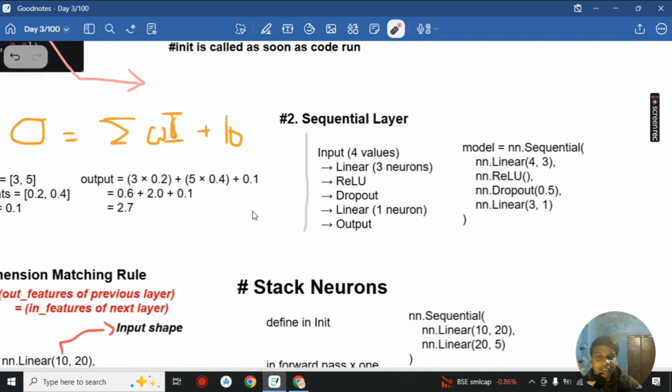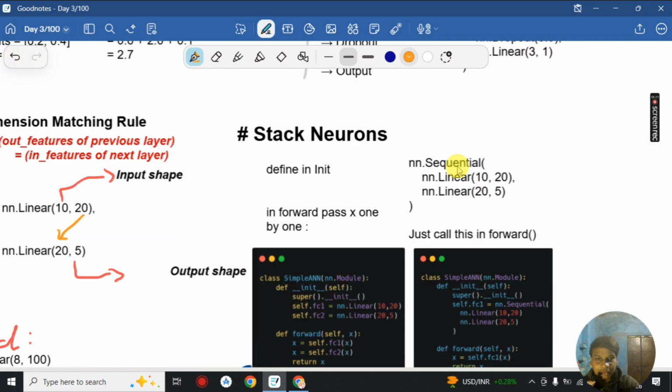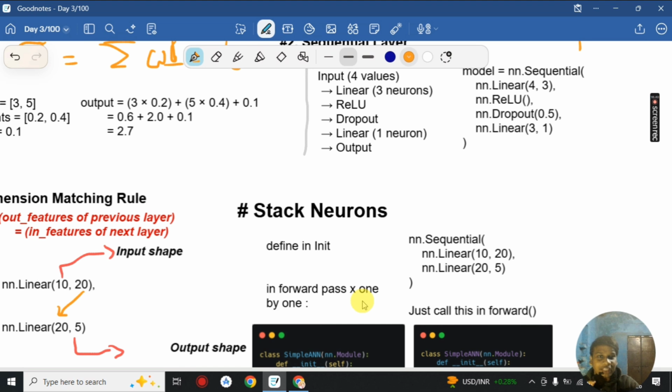Okay, then we have our sequential layer. This is not a mathematics part; here it helps in stacking. So for example, if we have multiple layers, like we have our linear layer 10 by 20 and another linear layer 20 comma 5, instead of just writing it this way, we could stack it together.